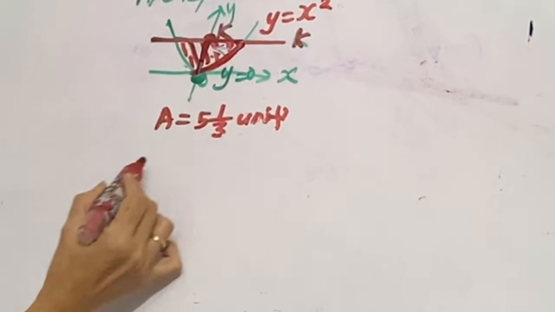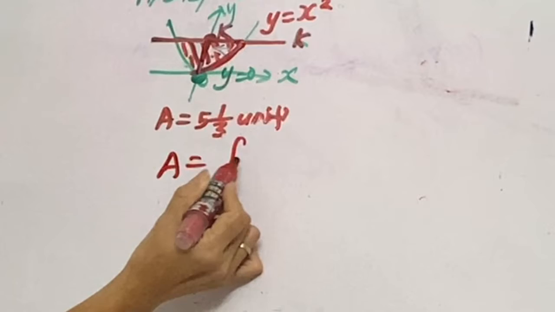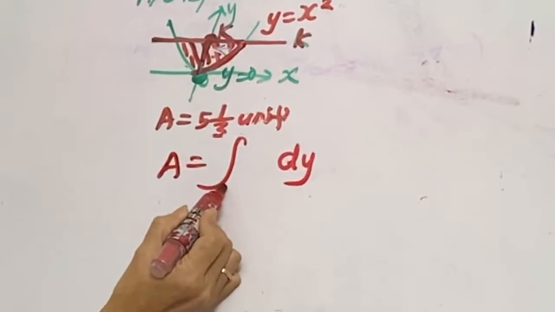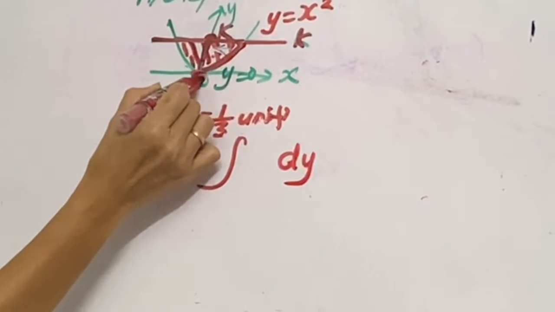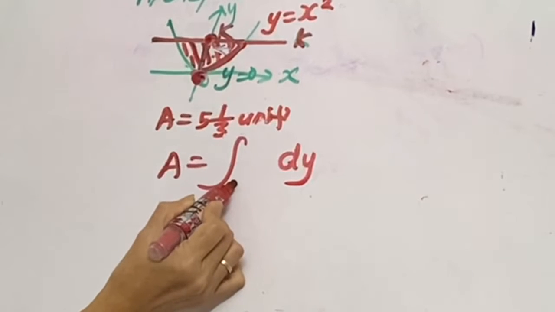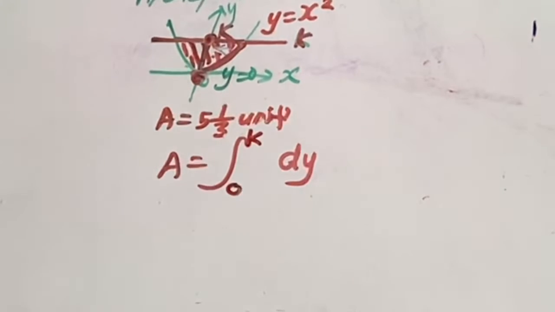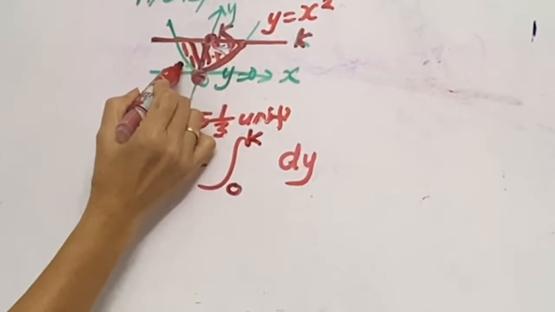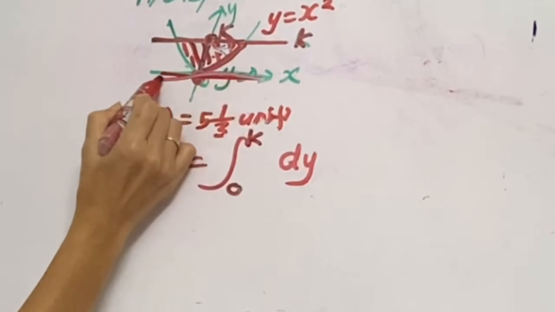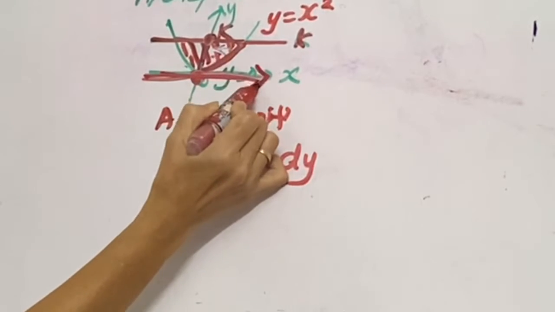The y-axis. That means immediately we will write integrate dy, and the limit here will start from 0 to k. k is an unknown value, right? So y is 0 because it's on the x-axis.